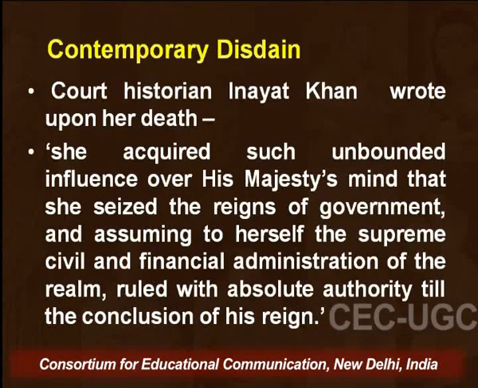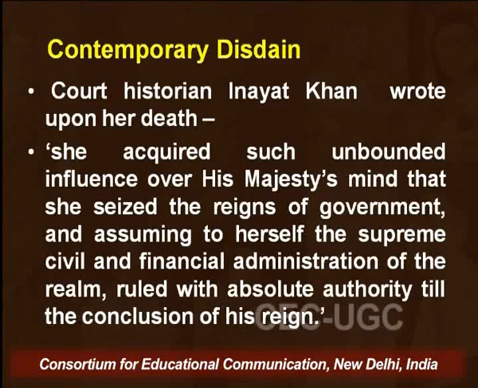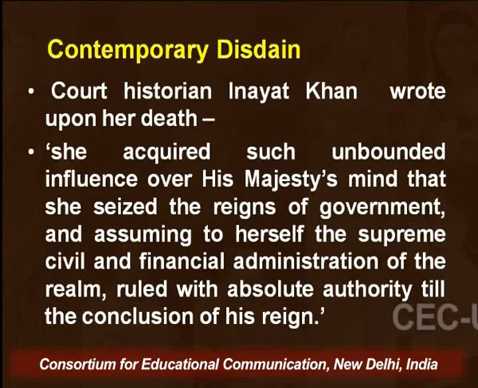Now, when so much had been accomplished by a woman, a question that one can ask is, how was she described by the contemporary sources? What was the approach of the Mughal chroniclers or the contemporary thinkers, scholars, writers? So we can give the example of court historian Inayat Khan, how he described Nur Jahan upon her death.